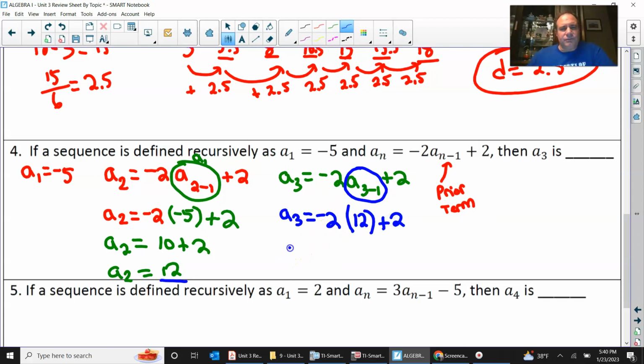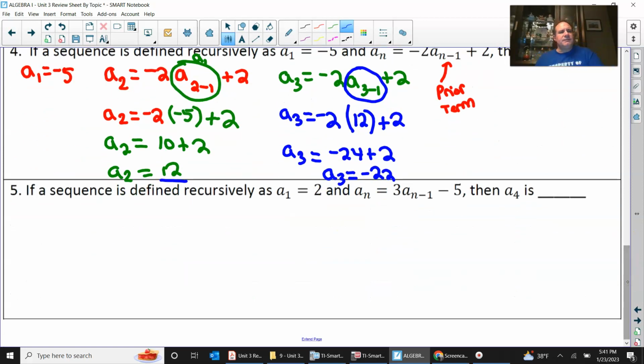So negative 2 times 12 is negative 24. Negative 24 plus 2 is negative 22. So a sub 3 equals negative 22.